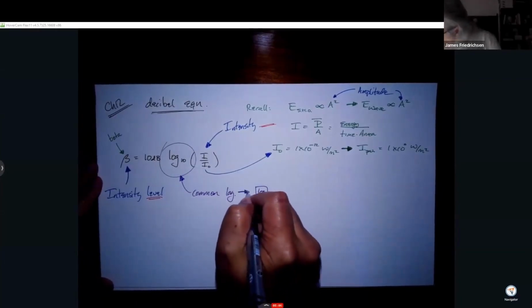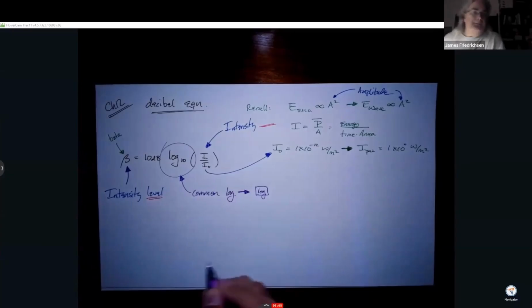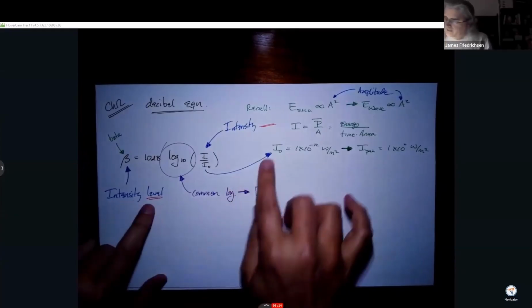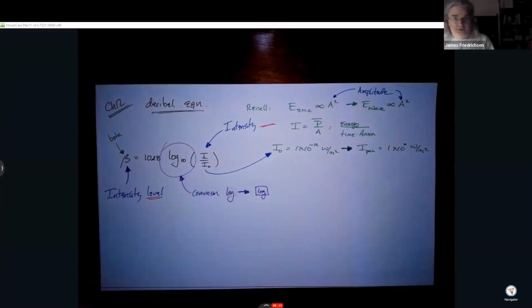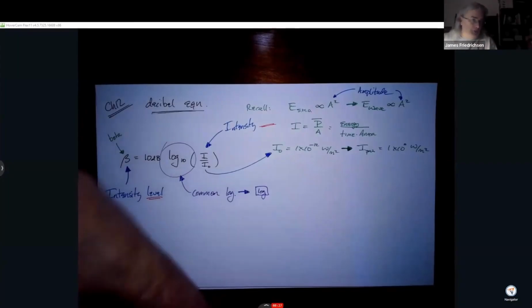I always write in the base because I like to write in the base. I'm just weird like that, I guess. I told you that one of the ways to tell the difference between the intensity and the intensity level was to look at your units. This is kind of like how we could tell the difference between the alpha angular acceleration and the linear accelerations. The units tell you the difference.